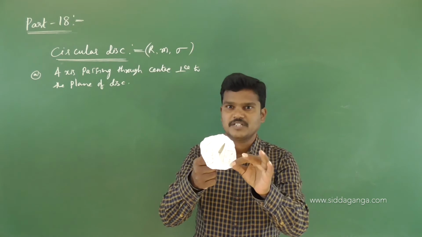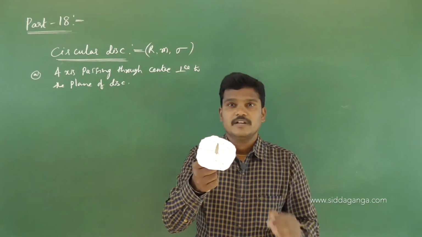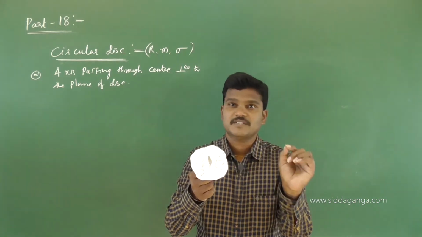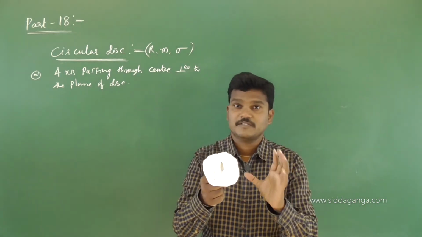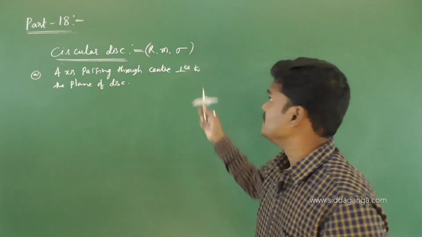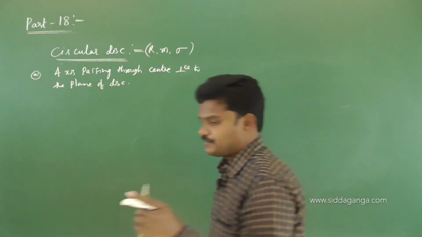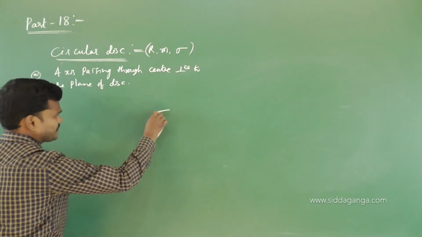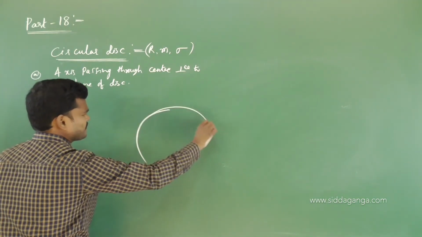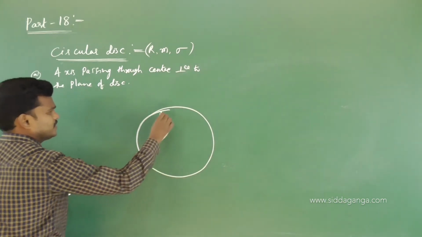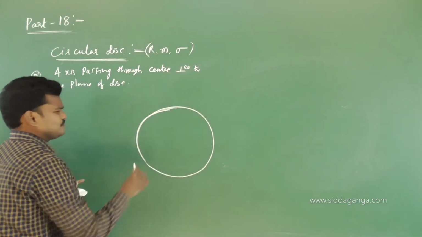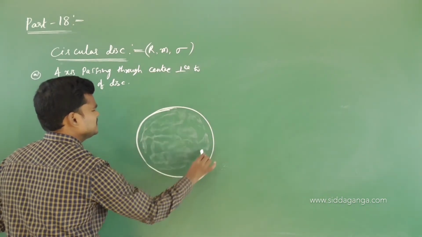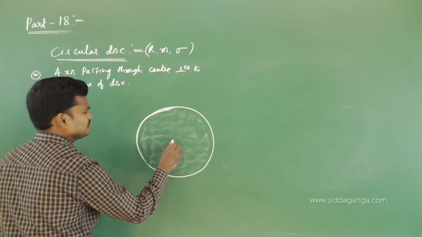Now this is an areal object, because this disc has a surface area. That's why it will have some uniform surface density. That surface density is sigma. To find the moment of inertia of this disc, see, this is the disc whose mass is m, whose radius is r.